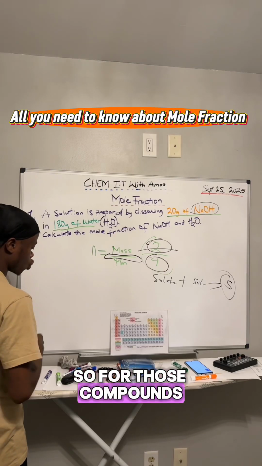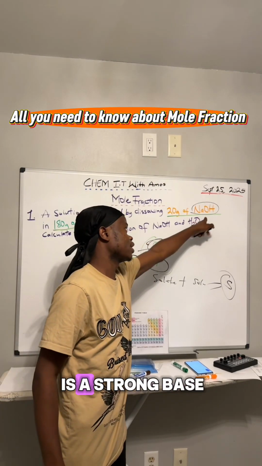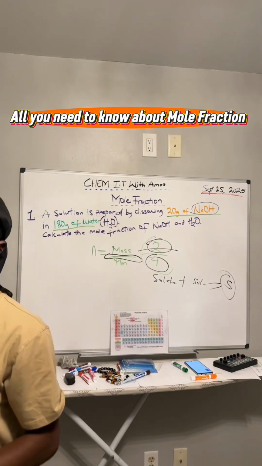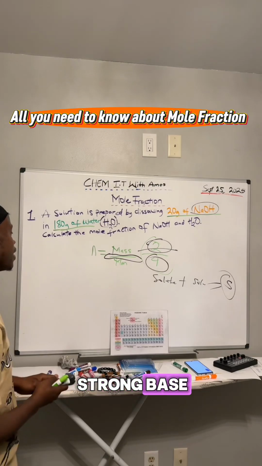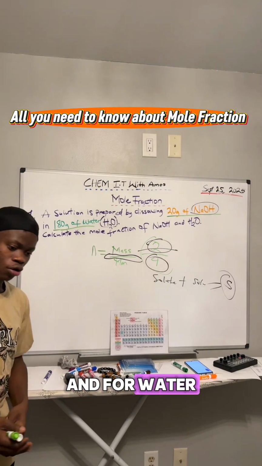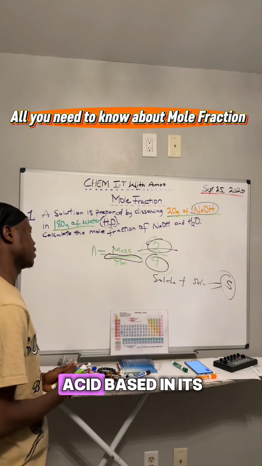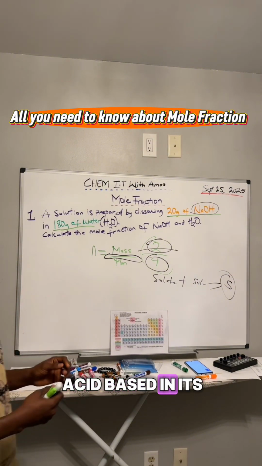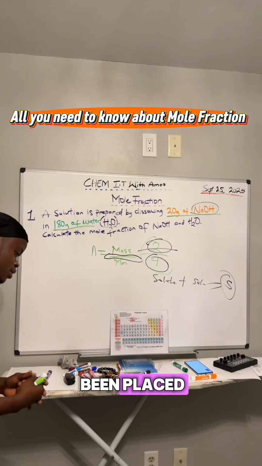For those compounds, like I said, sodium hydroxide is a strong base. And water can serve as either a base or an acid, depending on the chemical reaction or where it has been placed.